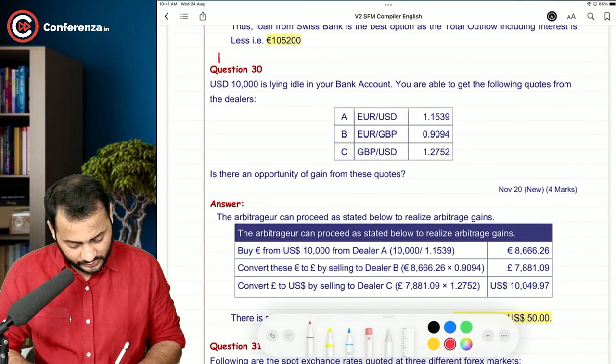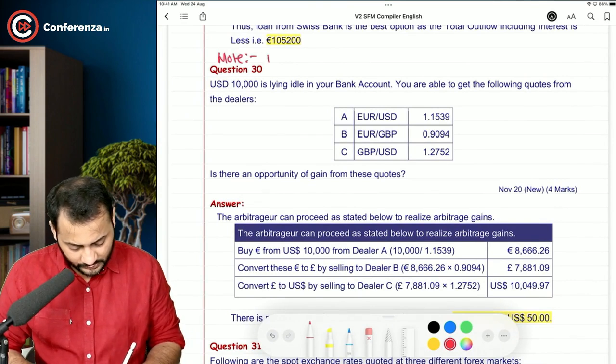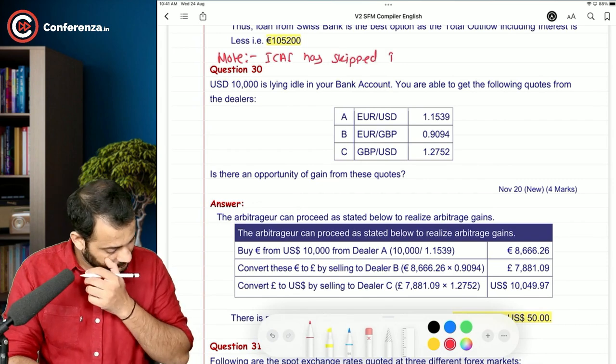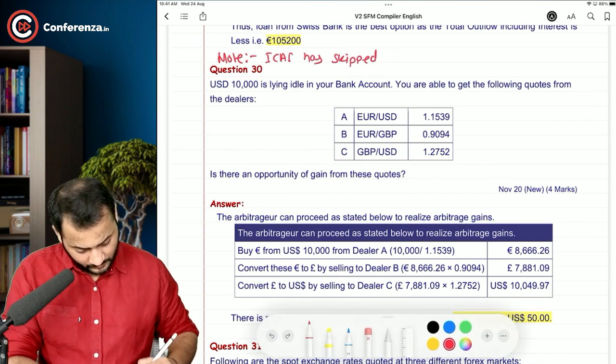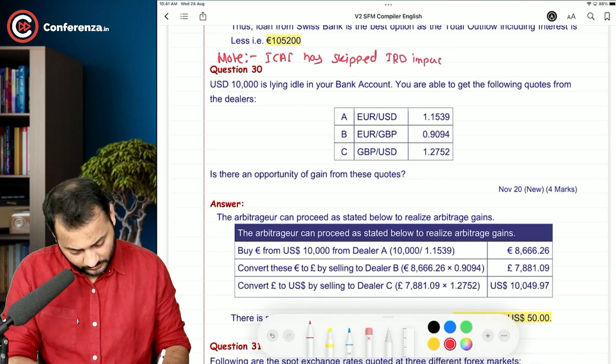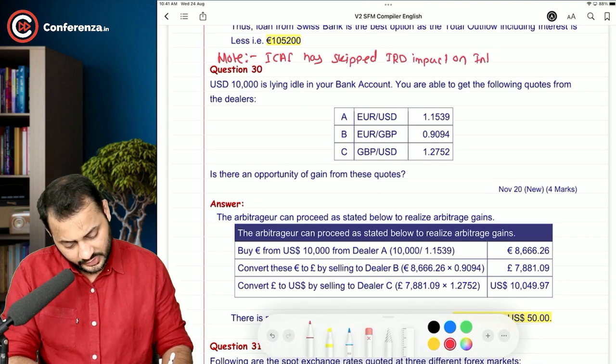Let me just go through the note. Impact on interest.